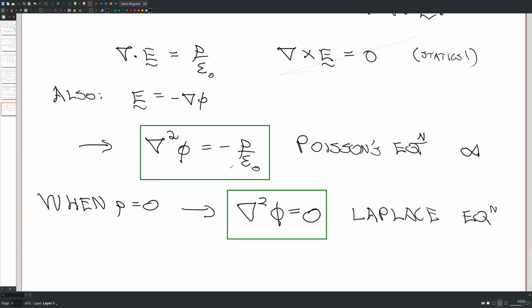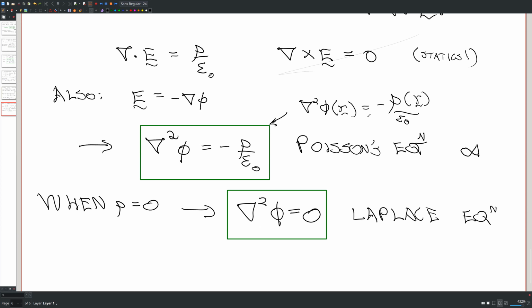Once again, I am leaving implicit here the mention of a spatial position, but really what I mean with this equation is that the Laplacian of the field evaluated at a position r in space is equal to minus the density of charge evaluated at that position in space divided by epsilon 0. Okay, that's really what I mean with this. I haven't written the arguments here, but that's what I mean.